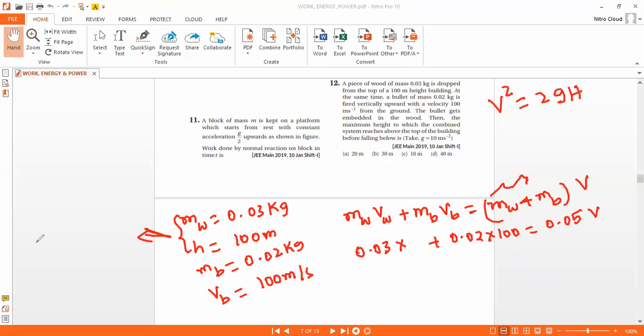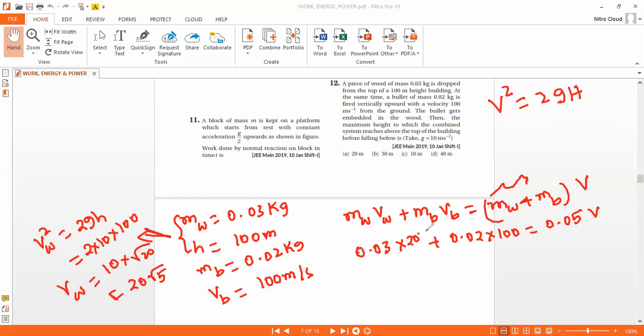So correspondingly, velocity of wood will be root of 2 into 10 into 100, so 10 into root 20. Root 20 means 2 root 5, so it is 20 root 5.